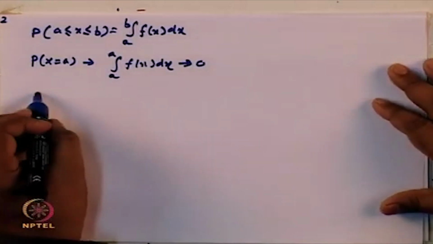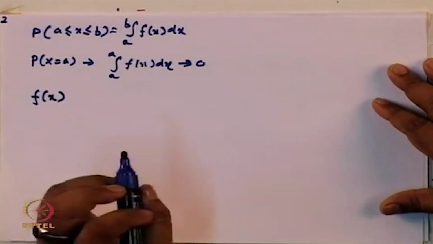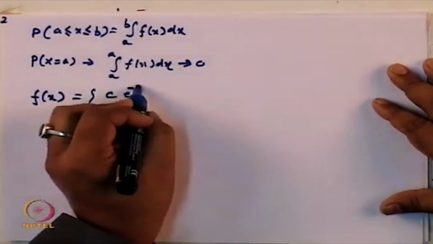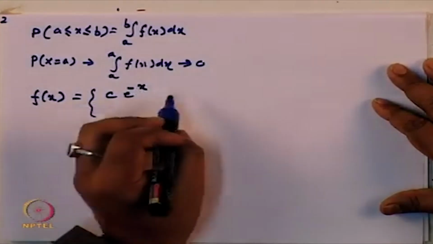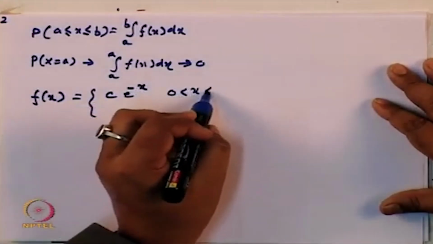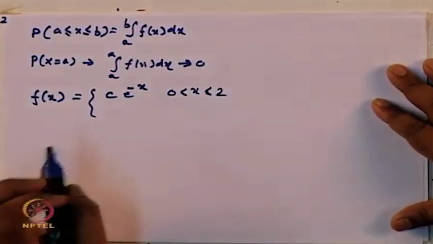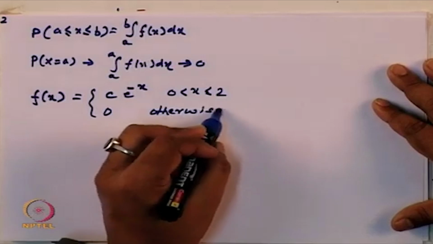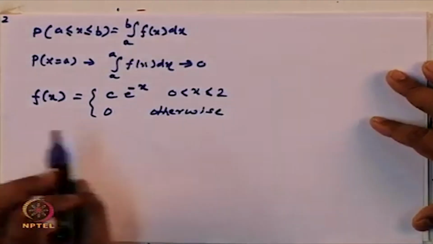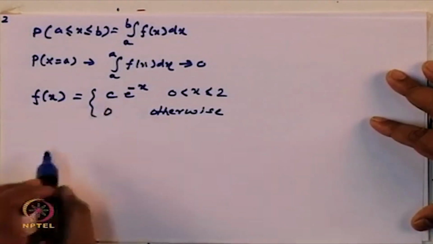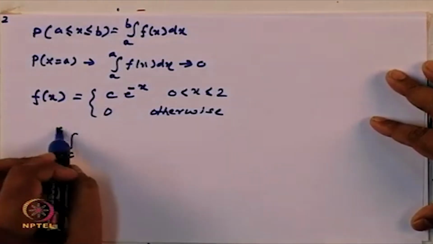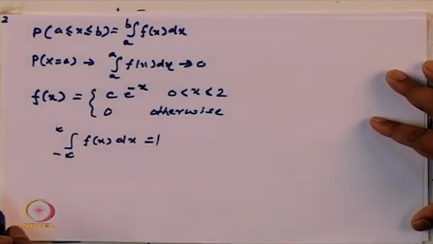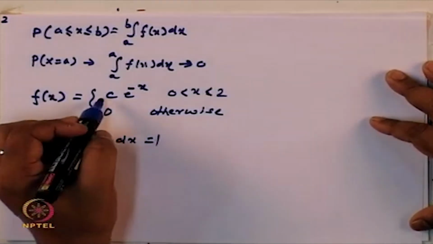Okay. So, let us take a pretty simple example. Let us define f x as c e to the power minus x between 0 and 2, and equal to 0 otherwise. Okay. How do we calculate the constant? So, we use the identity that the integral between minus infinity and plus infinity returns a value of 1. So, I can use this expression.